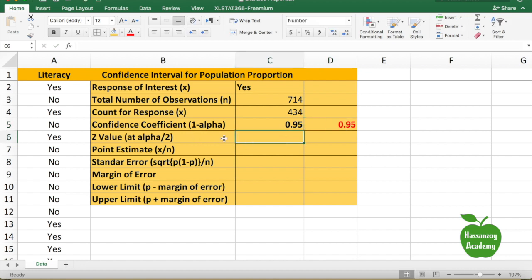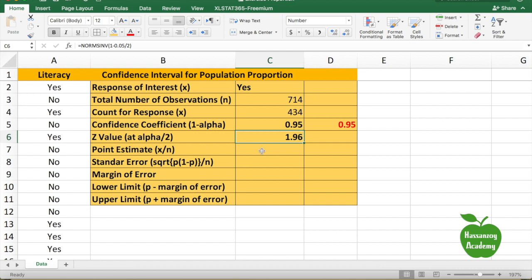Also, we can find the value of the standard normal variate or Z using the function NORM.S.INV, and we give the value of the confidence coefficient as 1 minus 0.05, which is the value of alpha, divided by 2. Press enter. This is the value of Z, which encompasses 95% of all observations in a normal distribution.